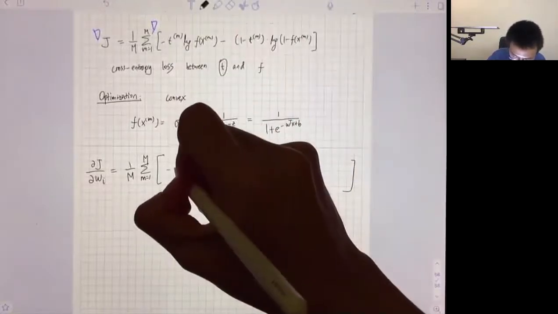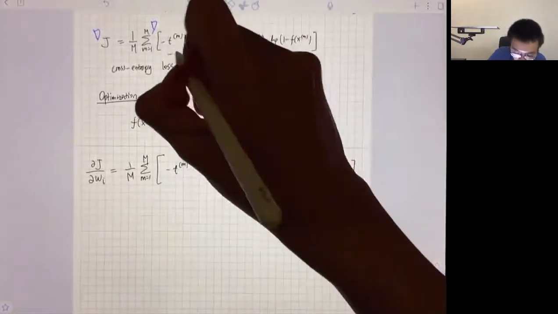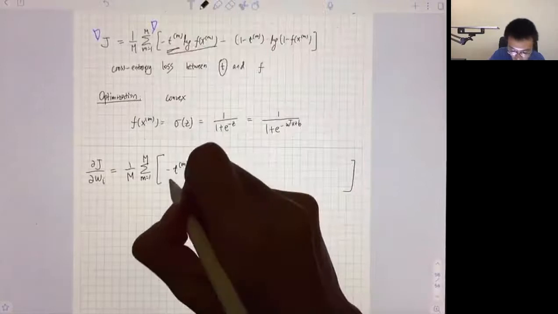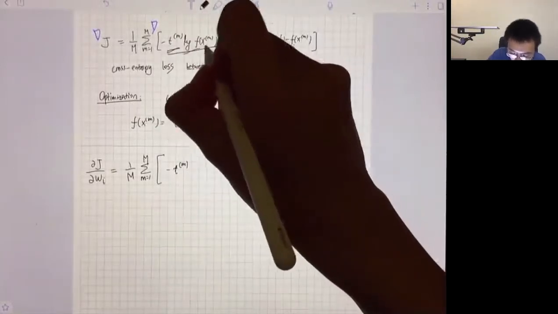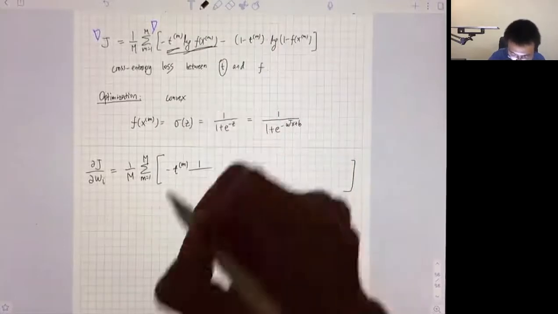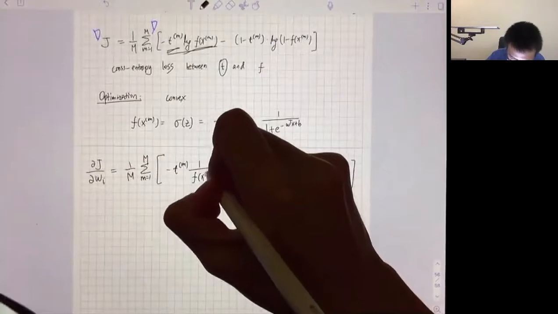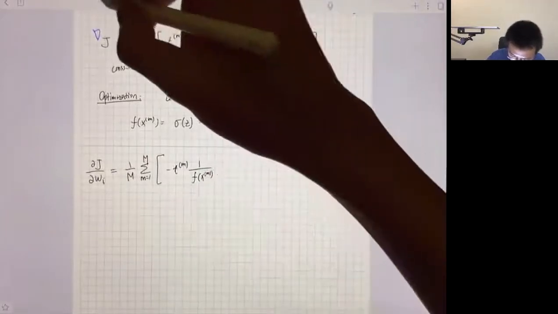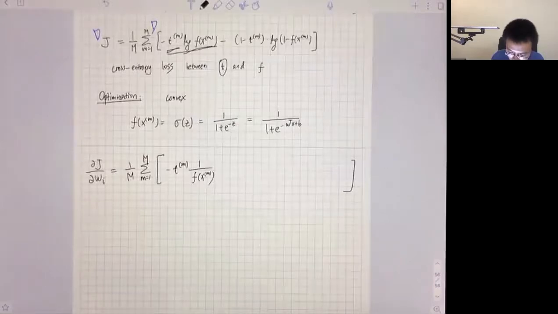Then I first compute the derivative for the first term, and this is a constant, so I just copy it here. And the derivative of log of something is 1 over something, 1 over f(x_m).